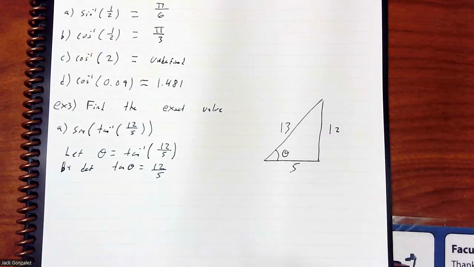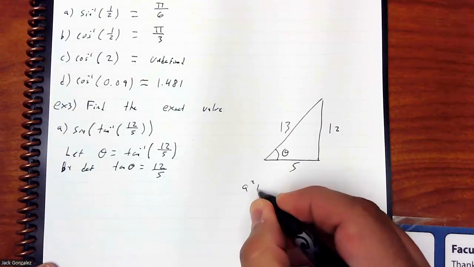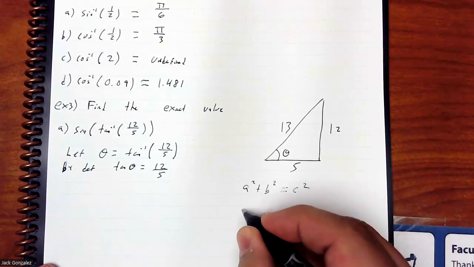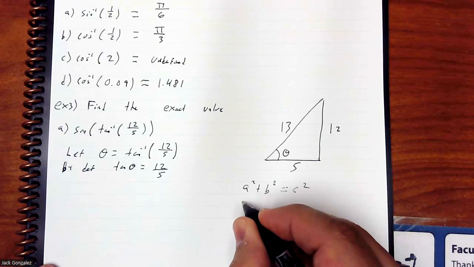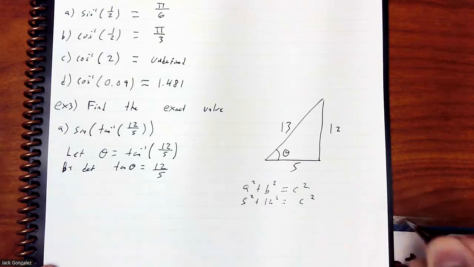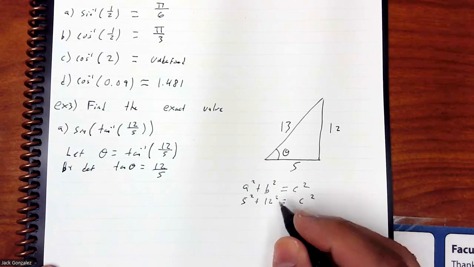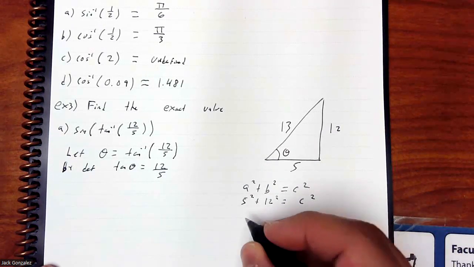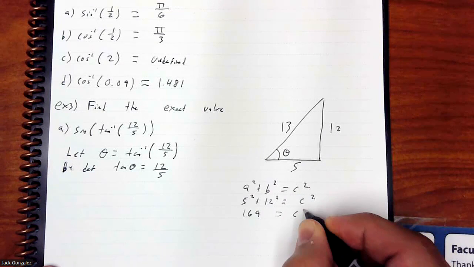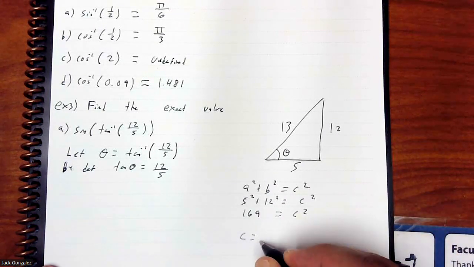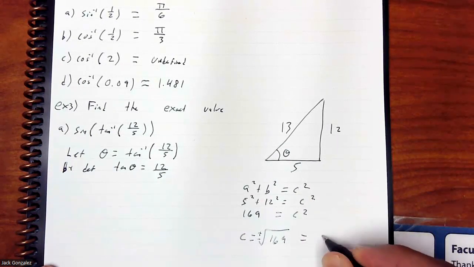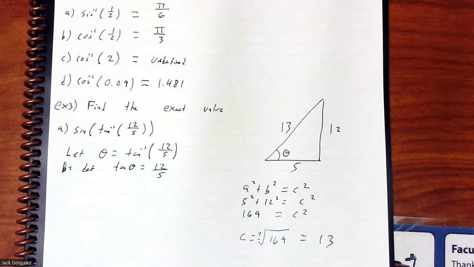So what you would have to do is this, plug in the A and B. So 5 squared plus 12 squared, that's 169. So that means that C is equal to the square root. Technically plus or minus, but you never put a minus on your hypotenuse. It's always positive.